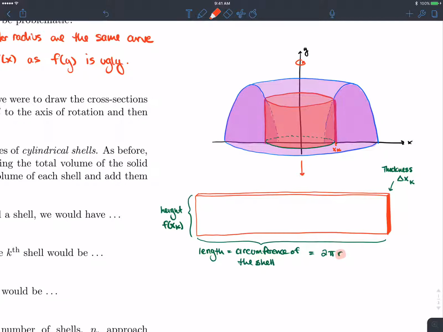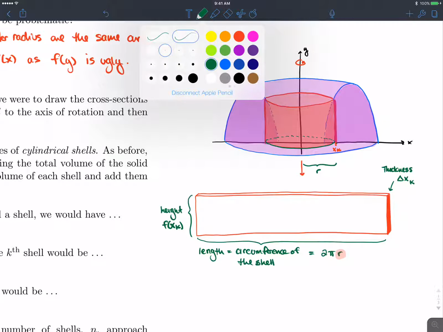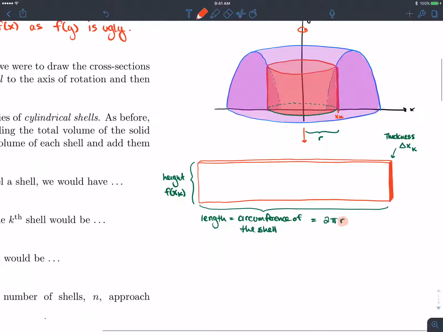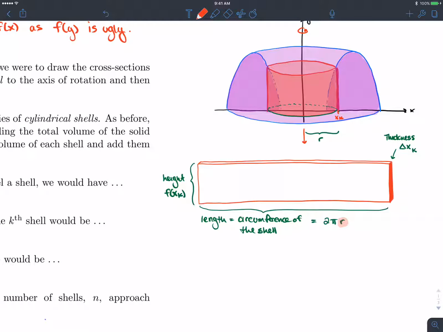Now what we need to talk about next is this r, this radius. So if we go back and look at our shell, the radius is this distance right here. It's that distance from the axis of rotation to that point x sub k, where we drew our cross section on the x-axis. So I think it's worth writing this down because this is going to be the real defining characteristic of the shell method: we take these parallel cross sections and they have a defined radius, the distance from the axis of rotation to x sub k.